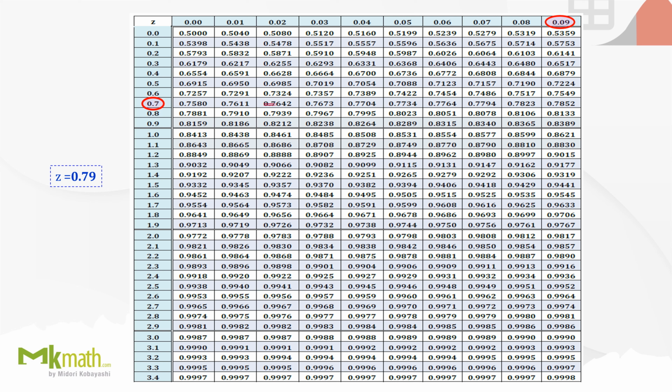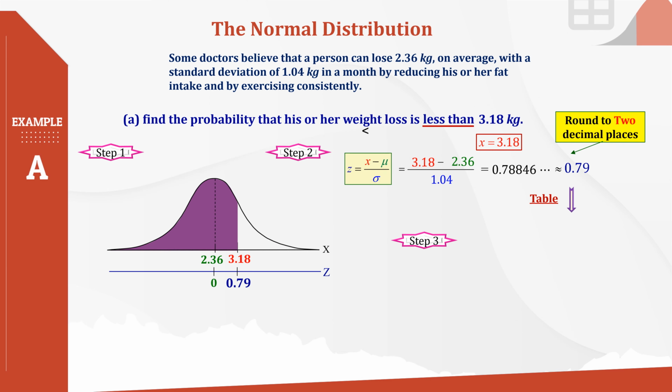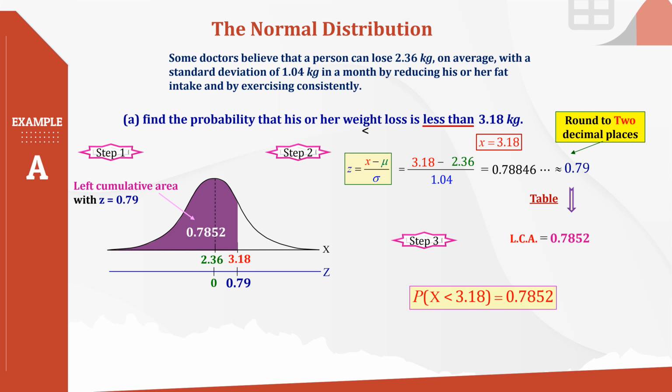The intersection of those values is the left cumulative area to z-score 0.79, which is 0.7852. The z-score of 0.79 gives a left cumulative area of 0.7852, and it is our desired area. Therefore, the probability of the weight loss less than 3.18 kg is 0.7852.